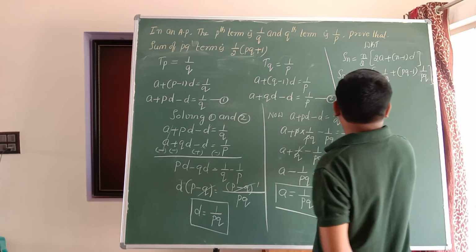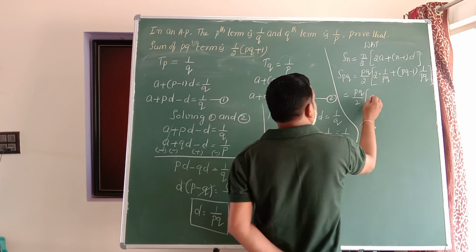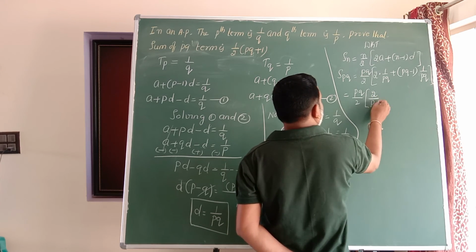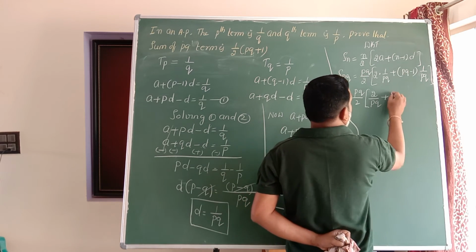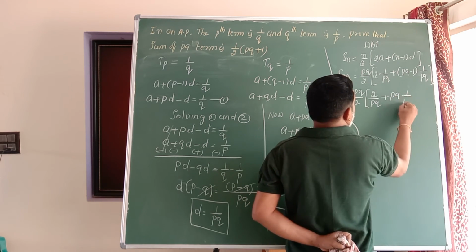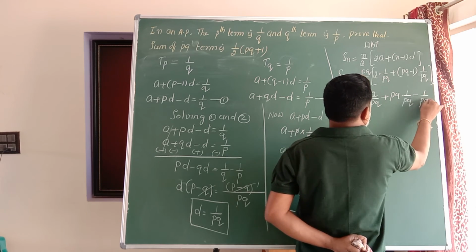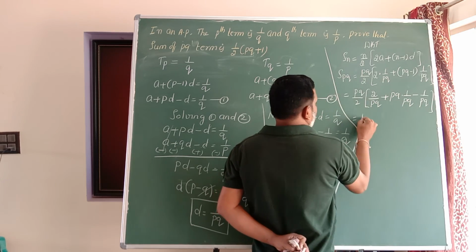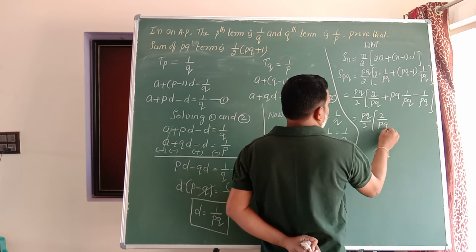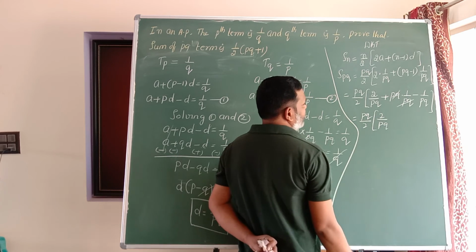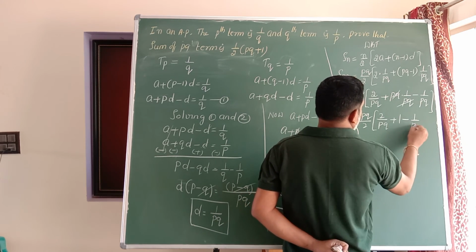I am going to simplify now. This is equal to pq by 2 into (2 by pq, that is 2 into 1 by pq, plus pq into 1 by pq minus 1 into that 1 by pq). So that is equal to pq by 2 into (2 by pq plus 1 minus 1 by pq).